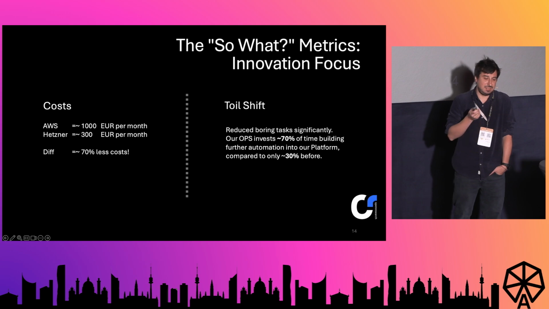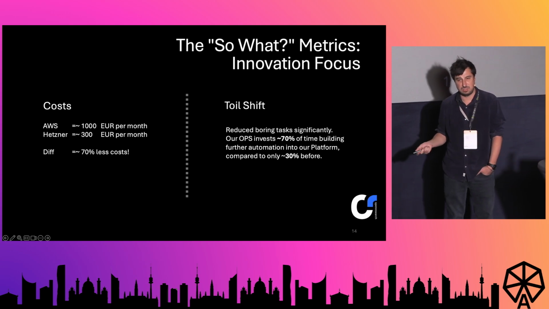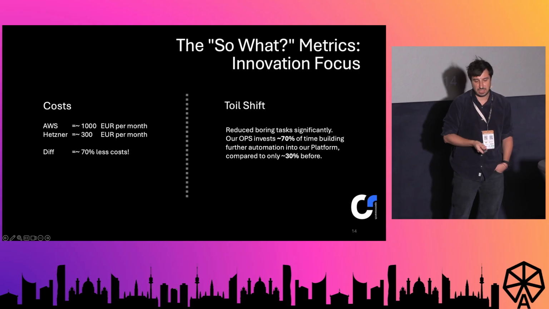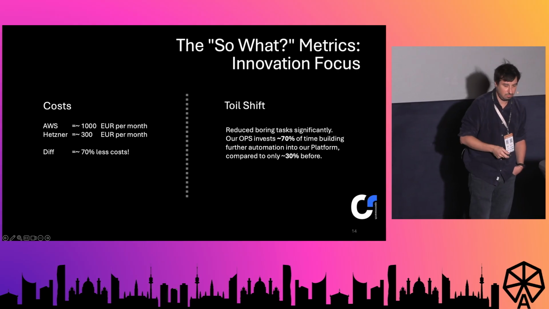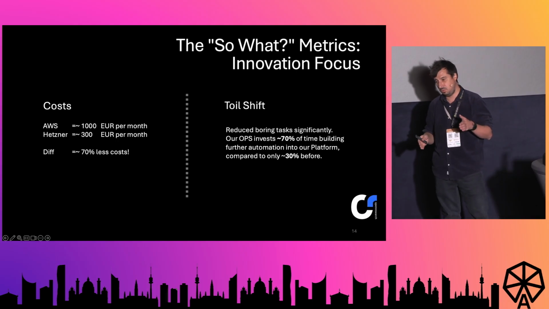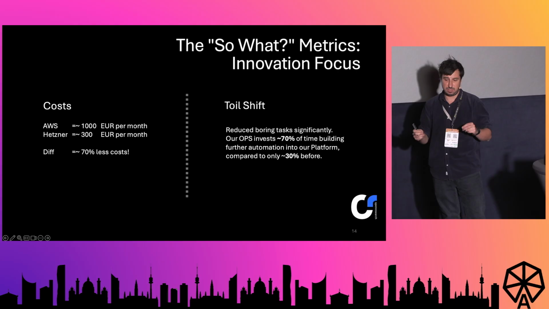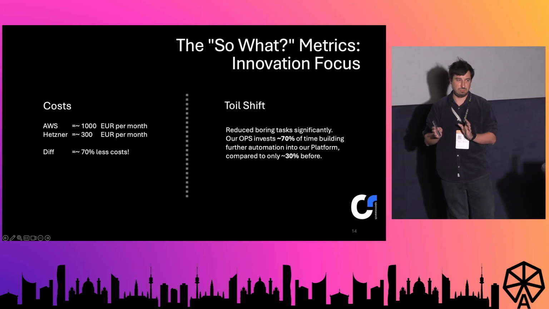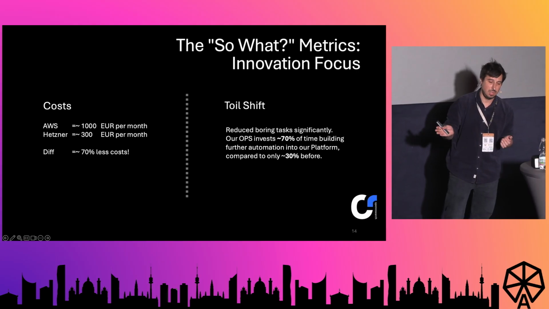But the kicker is you can host 3 to 4 more applications or projects that cost 1K in AWS in the same platform. So it's not just 70%, it's 70% times 3 or 4. And this also encouraged us to build these mini platforms where we have clients that, because of compliance, cannot run in the same cluster as a different customer.